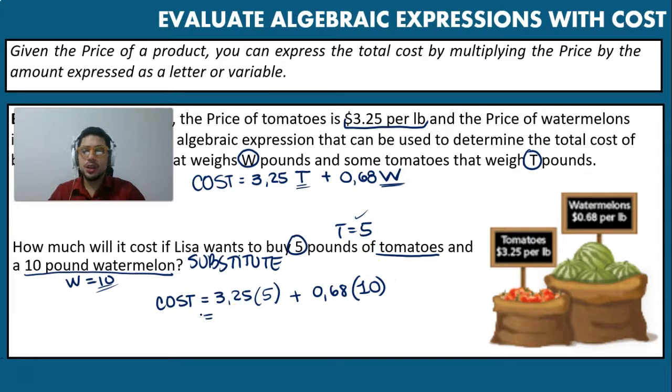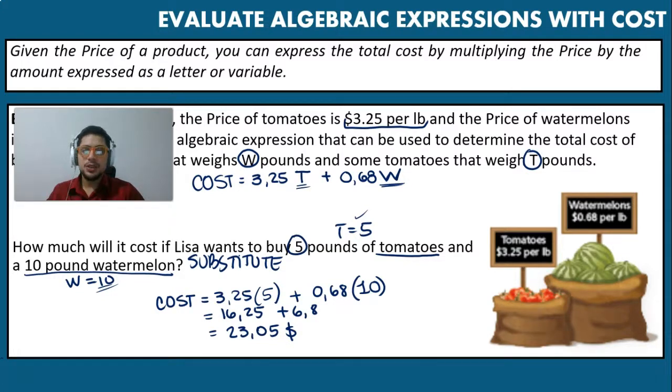And we're just going to multiply. So 3.25 times 5 is going to be 16.25. And 0.68 times 10 is going to be 6.8. And you just have to add them at the end. The total that Lisa is going to pay is $23.05.